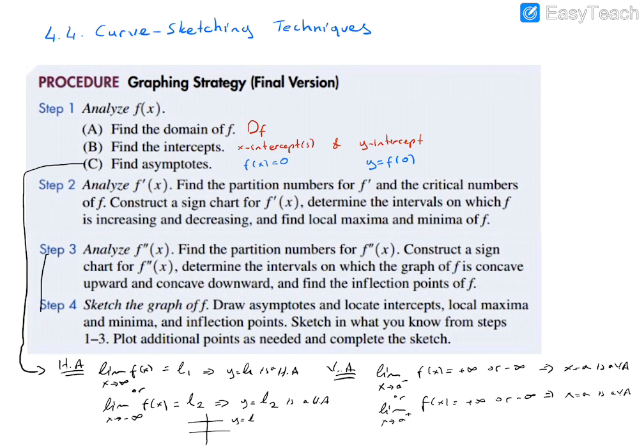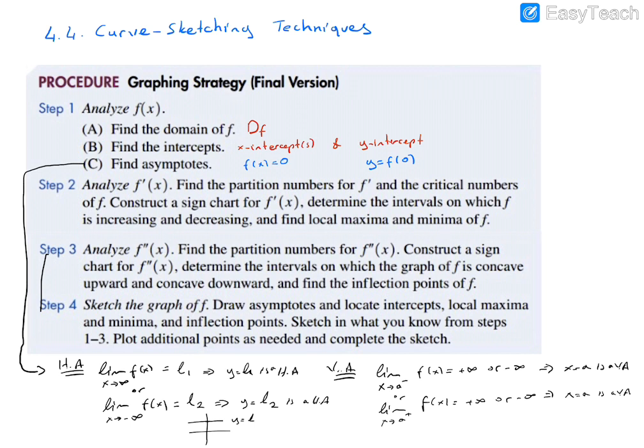So construct a sign chart for f prime by using the partition numbers. Then determine the intervals on which f is increasing and decreasing, and find the local maximum and local minimum of f.